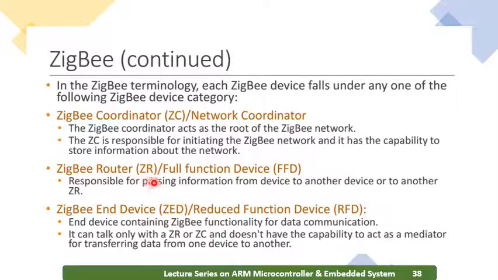The ZigBee router is responsible for passing the information from one device to another device or from one router to another router. The ZigBee end device, that is ZED, is an end device containing ZigBee, which has the functionality of data communication. It can talk to only a ZigBee router or ZigBee coordinator.